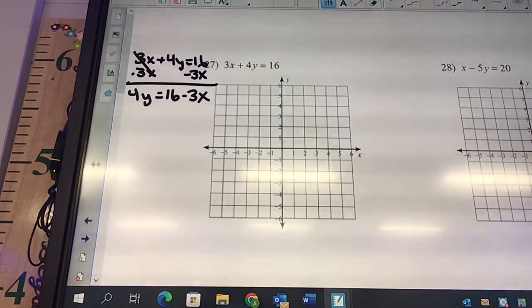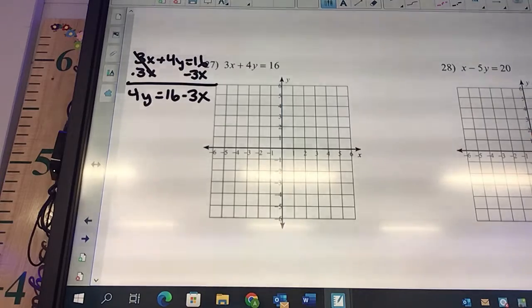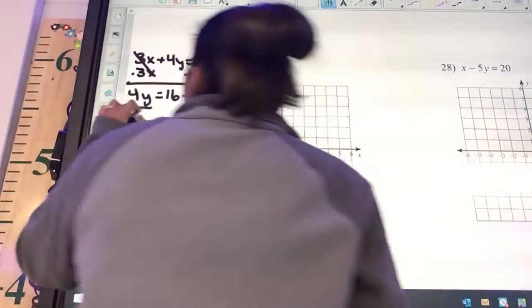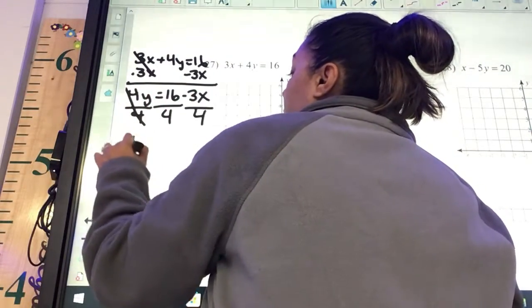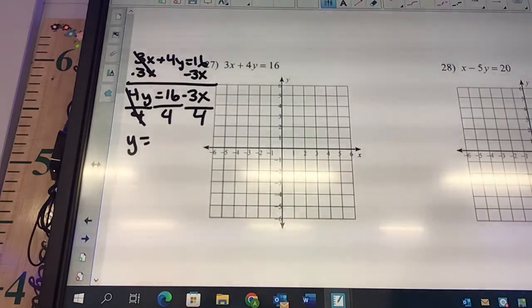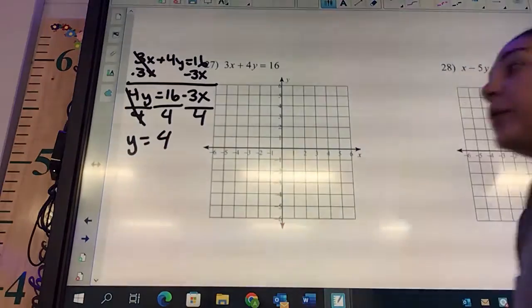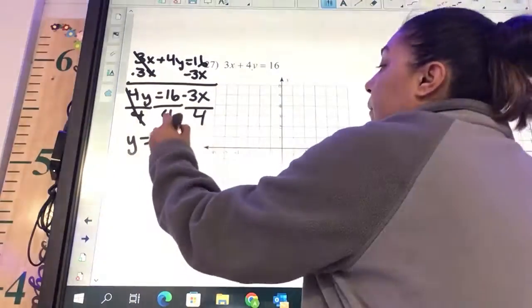Okay, and then what do we do? Divide both sides by 4. So you're going to get y equals, what is 16 divided by 4? 4. Negative 3 over 4. Stays the same.